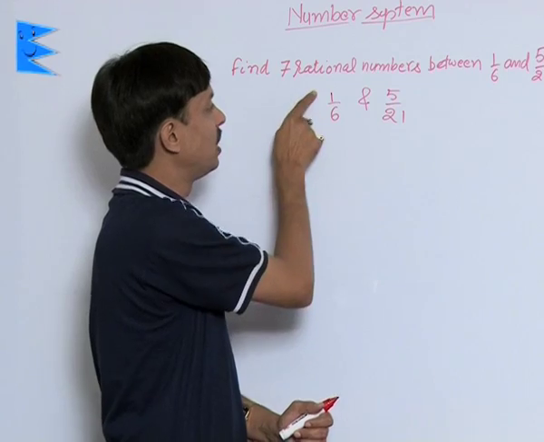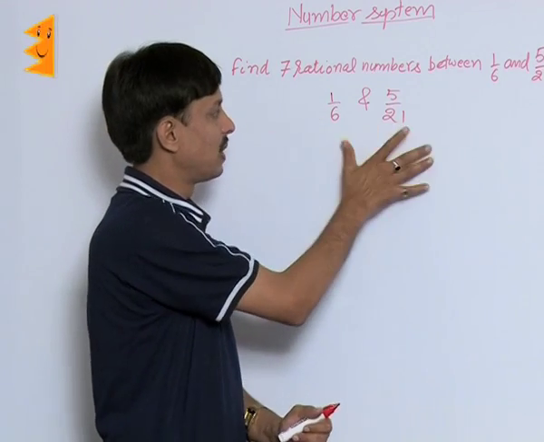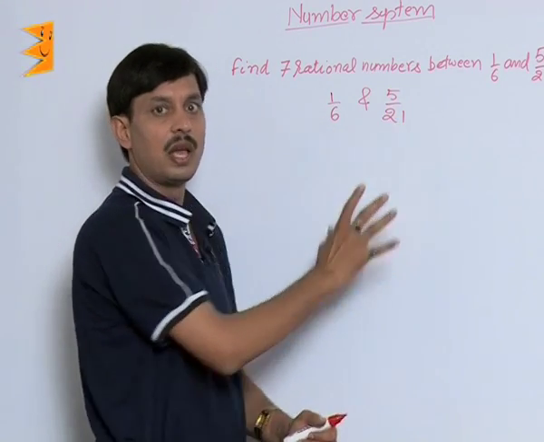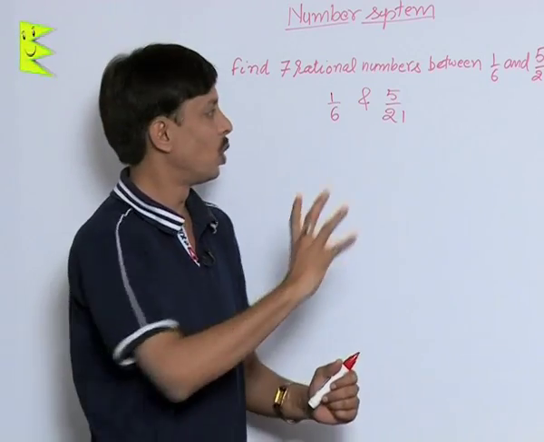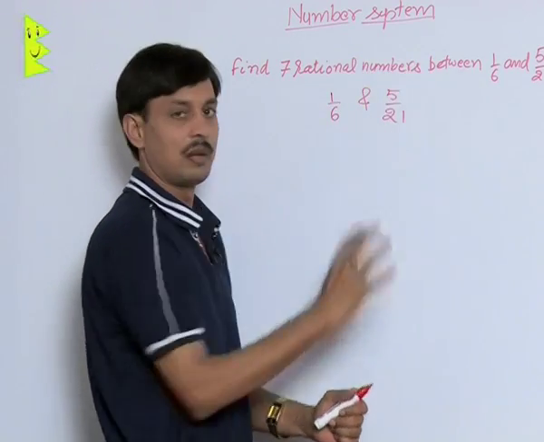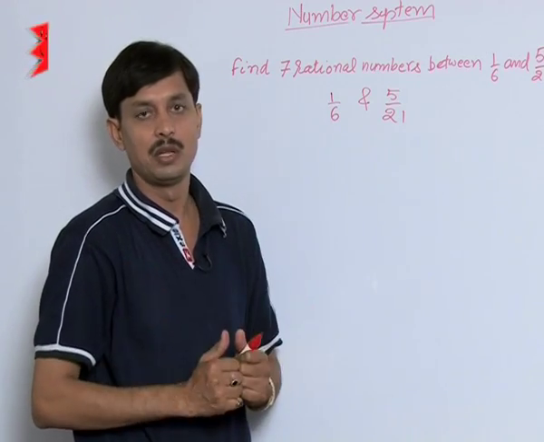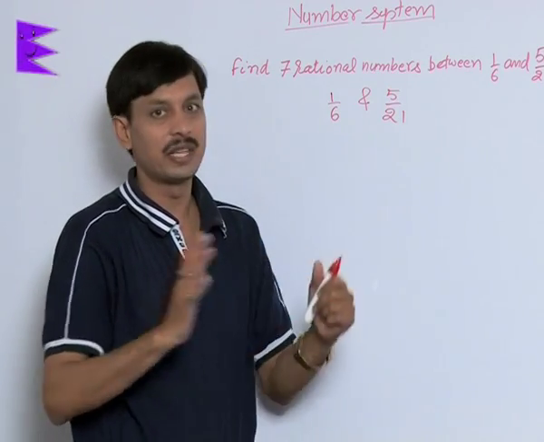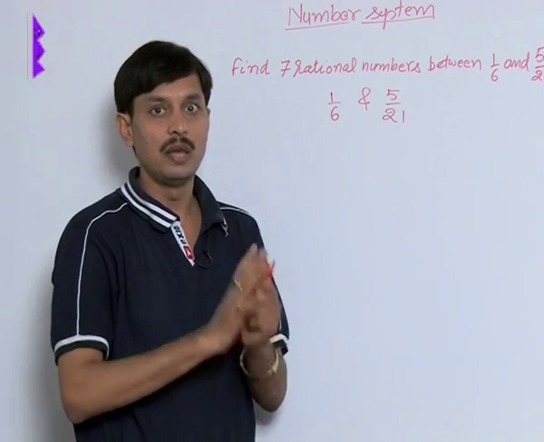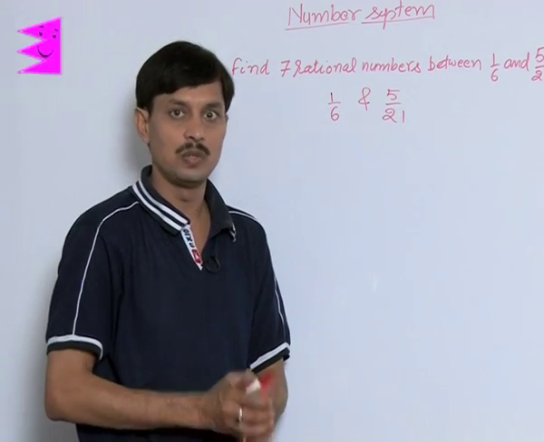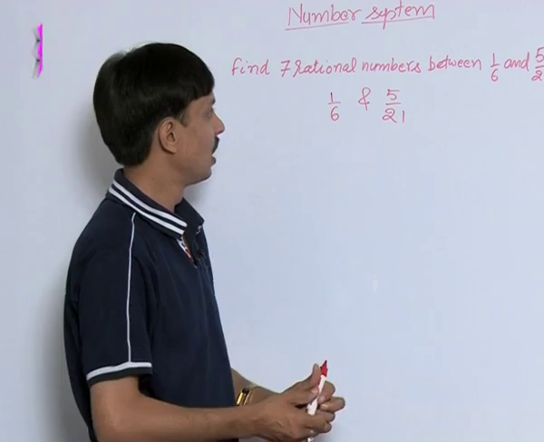Here, P is 1, Q is 6. Q is not 0 and no factor is common. So we can say these are rational numbers in simplest form, because P and Q are co-prime. The meaning of co-prime was explained earlier: the HCF of the two integers is 1.